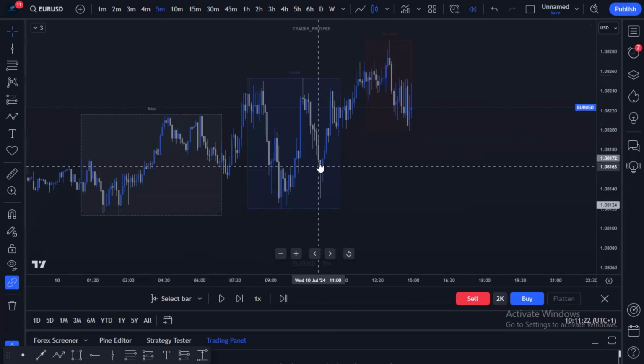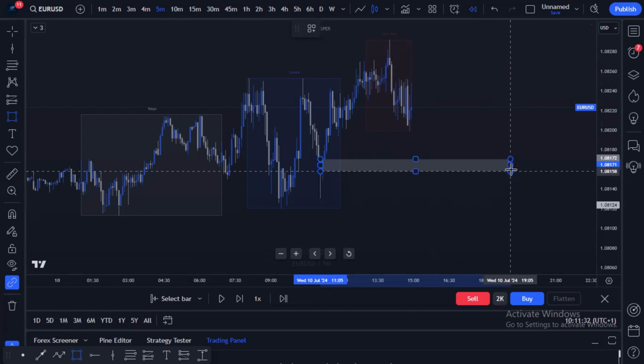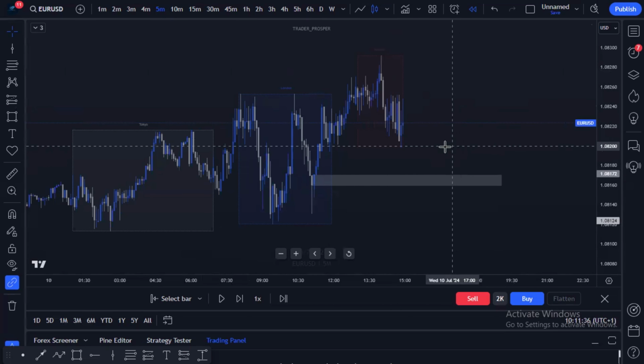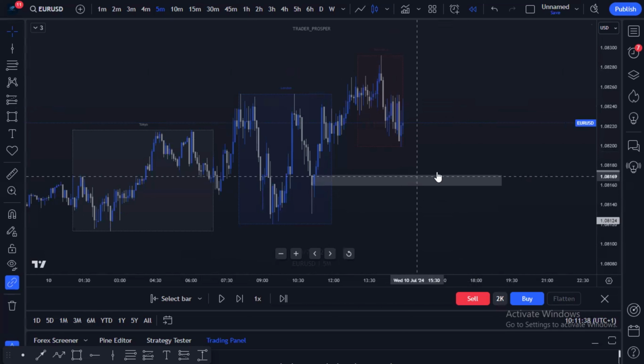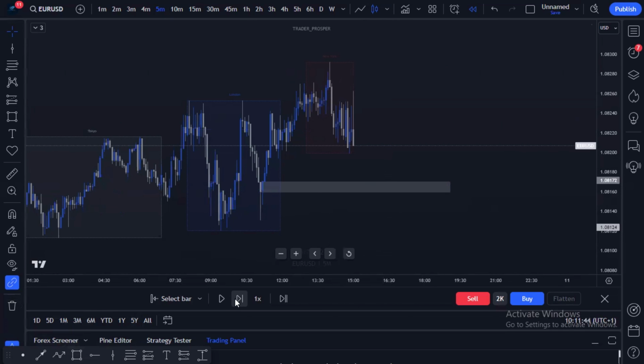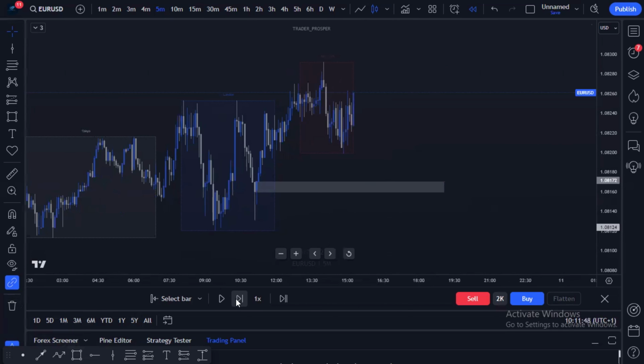The BOS that was created here left another order block. Let's mark it out this way. If price gives us that three candlestick pattern here, we can enter a trade at this point, but let's hope price is just being choppy.